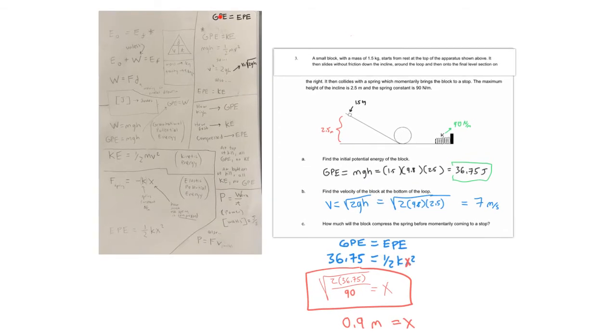And therefore, whatever you find with regards to gravitational potential energy, such as 36.75 joules, we already knew that, you can set equal to elastic potential energy, and elastic potential energy features 1/2 k times x squared. X represents the displacement, and we could understand that the displacement is how much the block compresses the spring. How much the block compresses the spring. So hopefully that makes sense. Moving on to the next one.